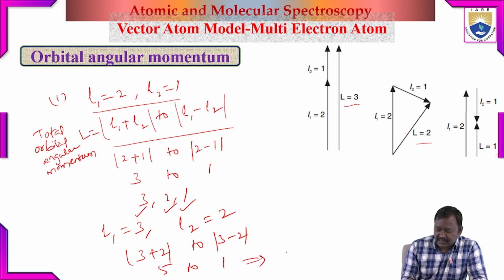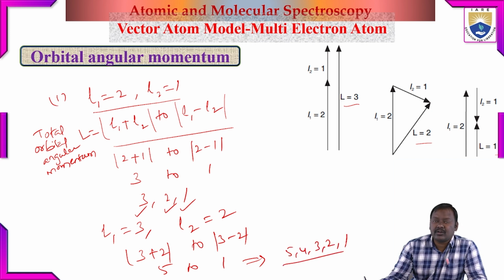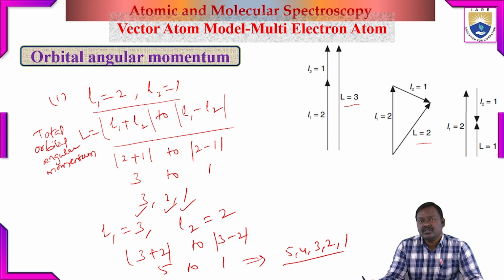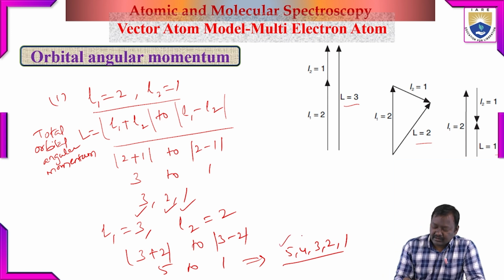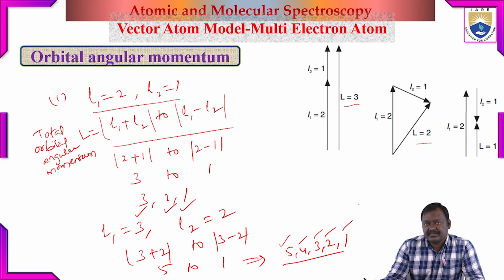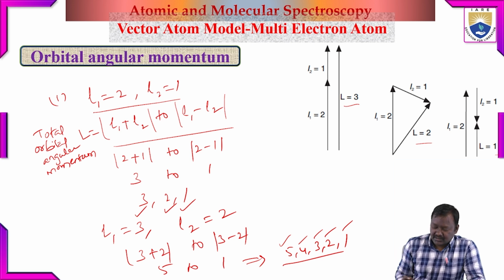That implies all the values could be 5, 4, 3, 2, 1. So the total orbital angular momentum could have values 5, 4, 3, 2 or 1, any number. So different orbital values are possessed by the electron.